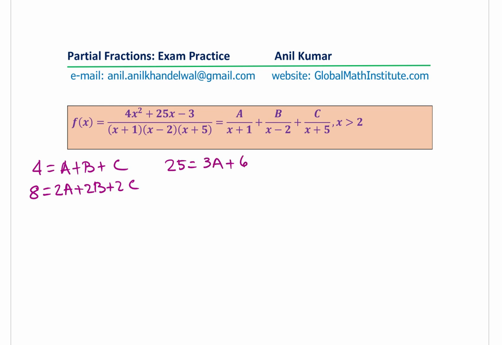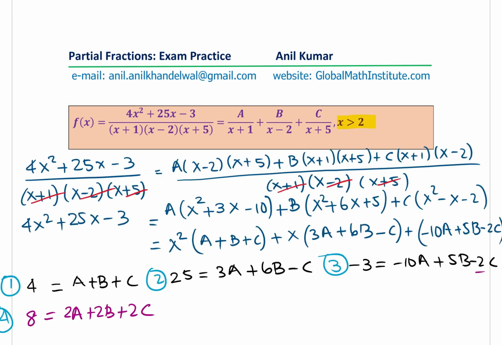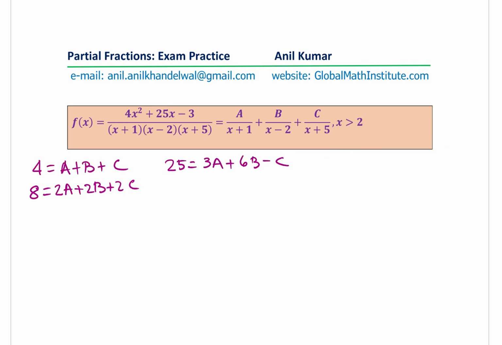And the third equation is minus 3 equals to minus 10a plus 5b minus 2c, right? So these are the equations for us.